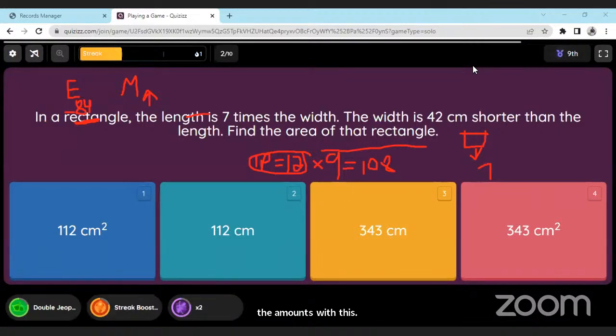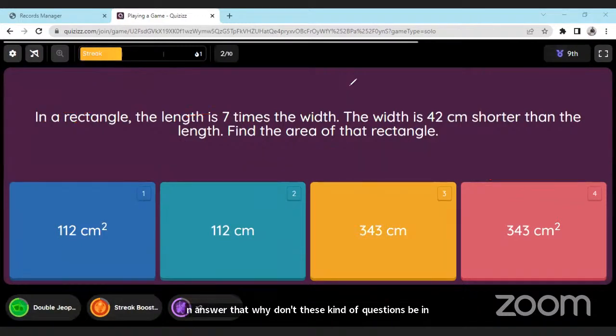How about this? Now I expect you to give me an answer: why don't these kinds of questions come in your exam? Whose words were they? Peter, I wish these questions to be in the exam.